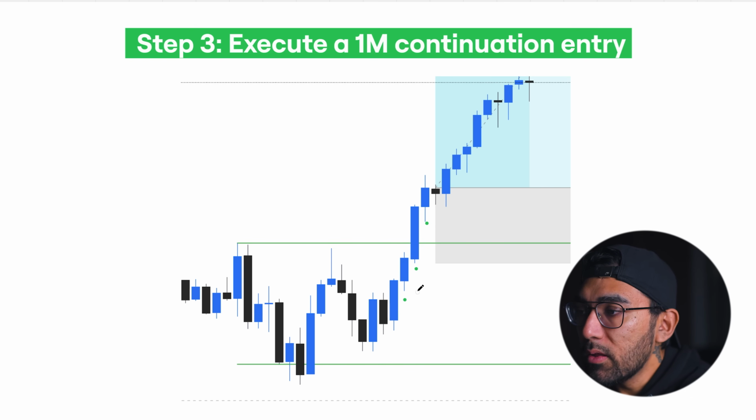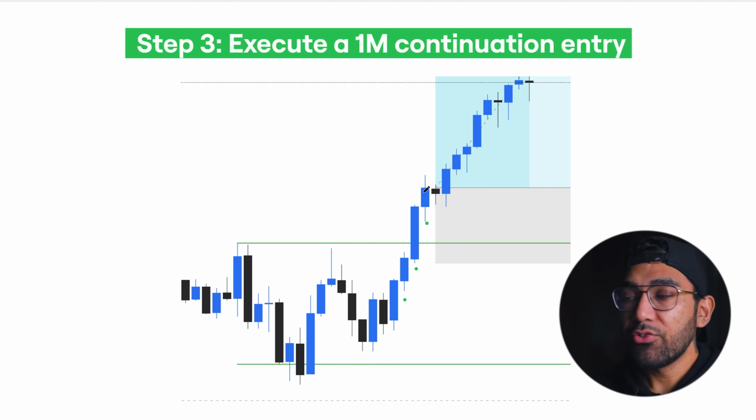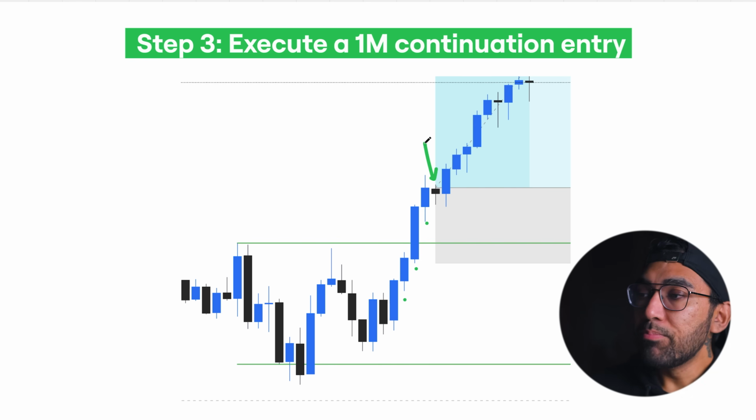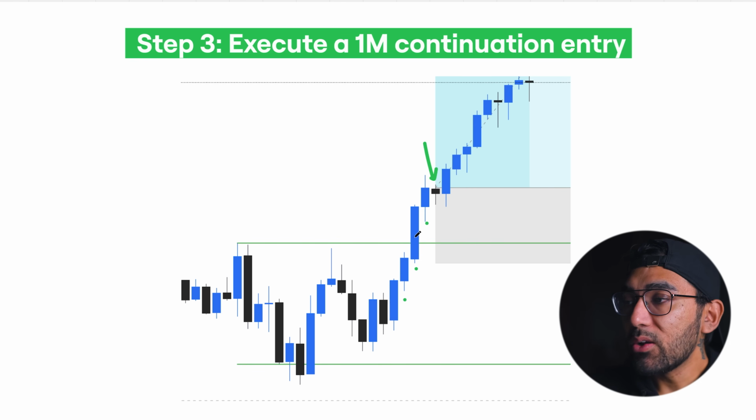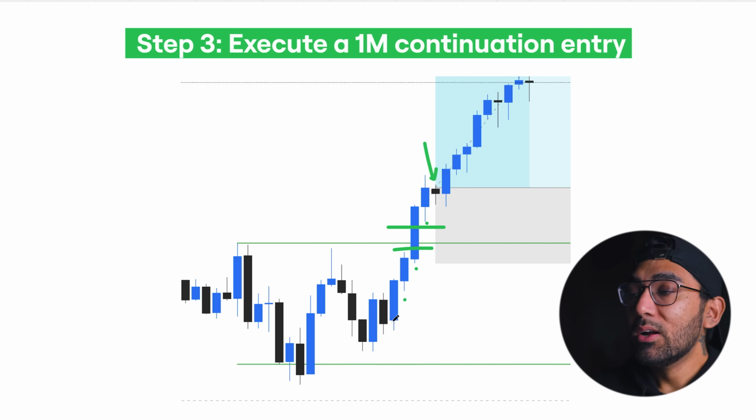Candle 1, candle 2, and candle 3. These 3 candles have to fully be printed on the chart. And what I mean by that is that this 4th candle has to begin printing before we can even call this candle a fair value gap. And the reason is that a fair value gap is a 3 candle pattern. It's not a 2 candle pattern, right?